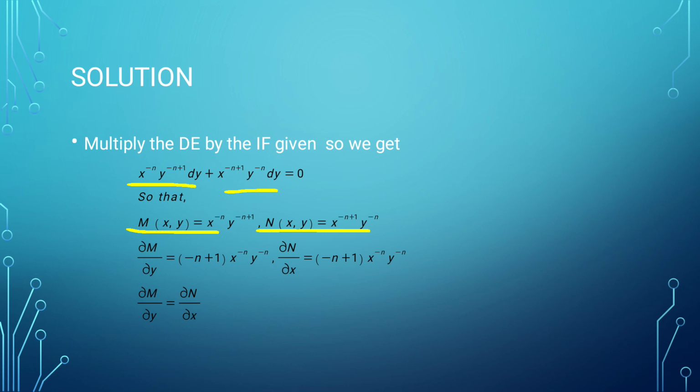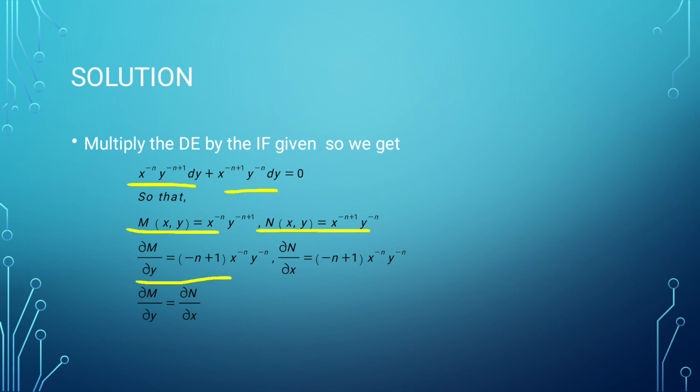Now you want to test first whether we have converted the differential equation to exact. And how do we test that? From our previous tutorial we saw that if the partial derivative of M with respect to y is equal to the partial derivative of N with respect to x, then we say that particular DE is exact. So let's look at this.